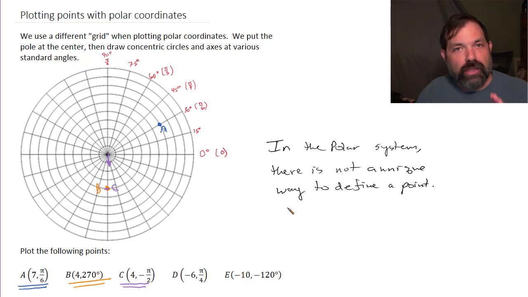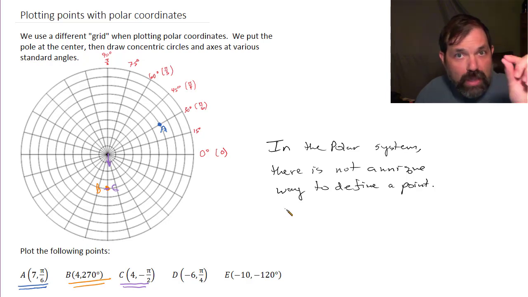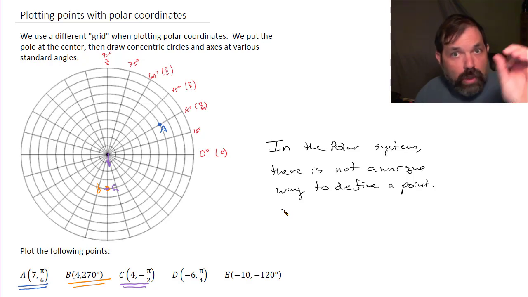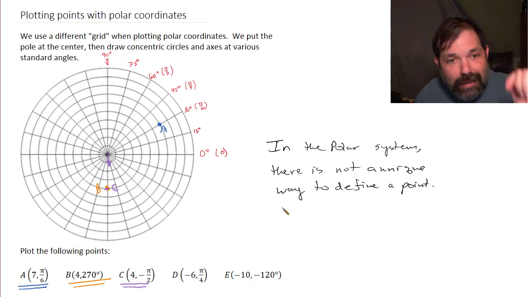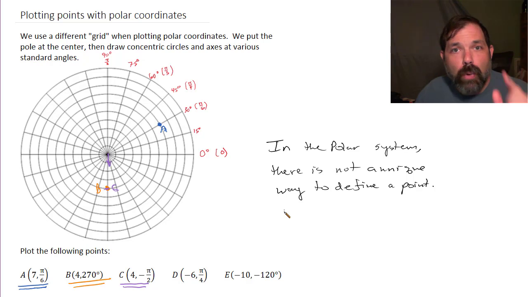And so that's something that's different about the polar system than the rectangular system. In the rectangular system, a point in the plane had a unique x and y that got there. And similarly, if we had an x and y, it could only go to one point in the plane. That's different than the polar system. In the polar system, any point can be defined by an infinite number of coordinate pairs. So that's something that's very interesting, I suppose, about the polar system.